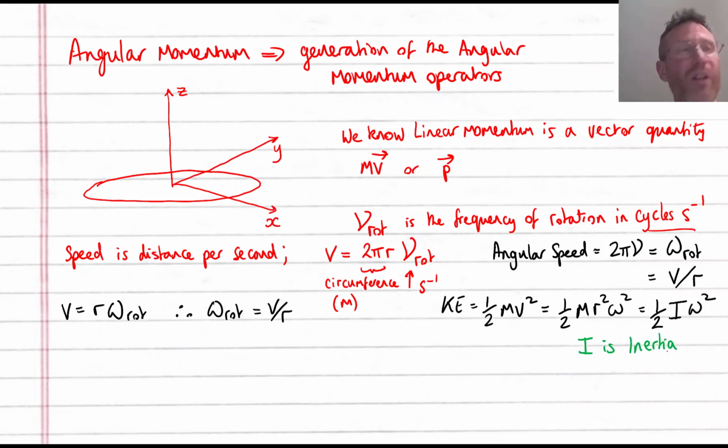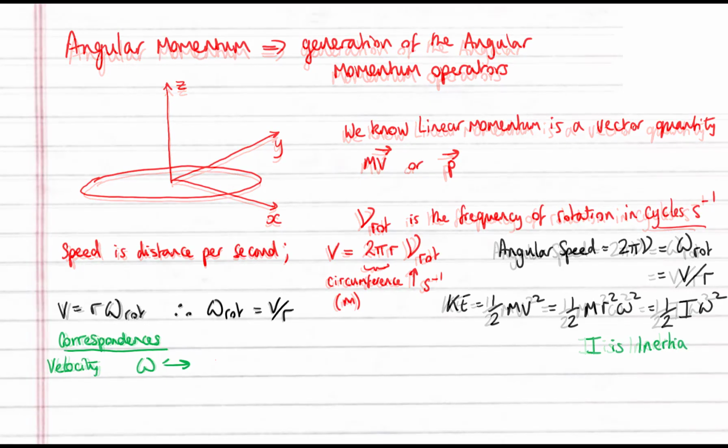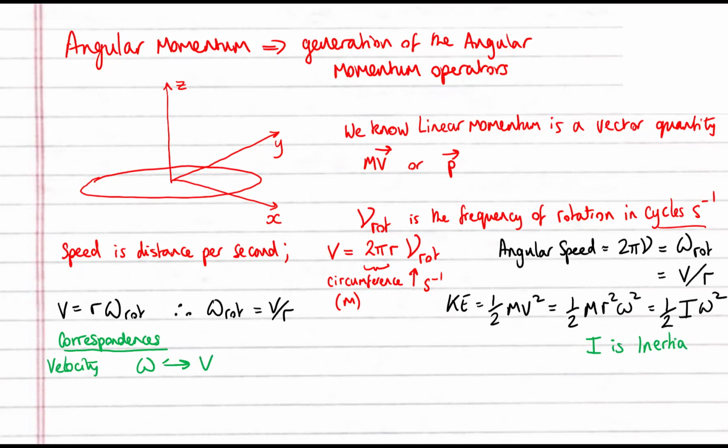So we've got some correspondences here that I'm going to talk about. We've got a correspondence for velocity, because we've got omega in the circle that corresponds to v in a straight line. We also have mass, and the correspondence here is actually inertia in circular motion, and mass m for linear motion. Let's go over here. We've got kinetic energy.